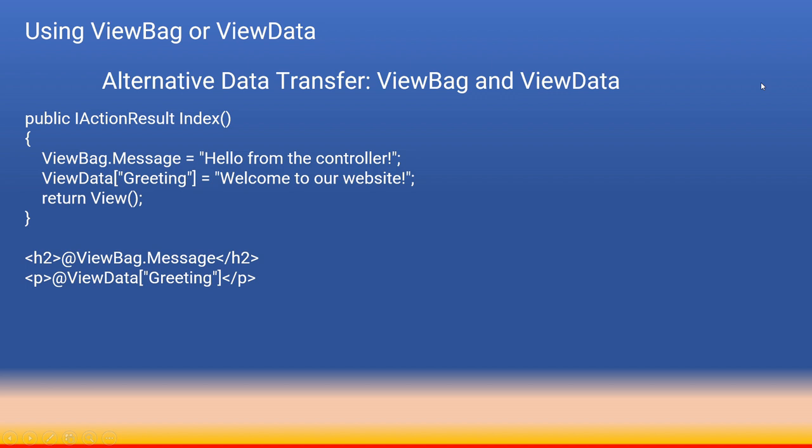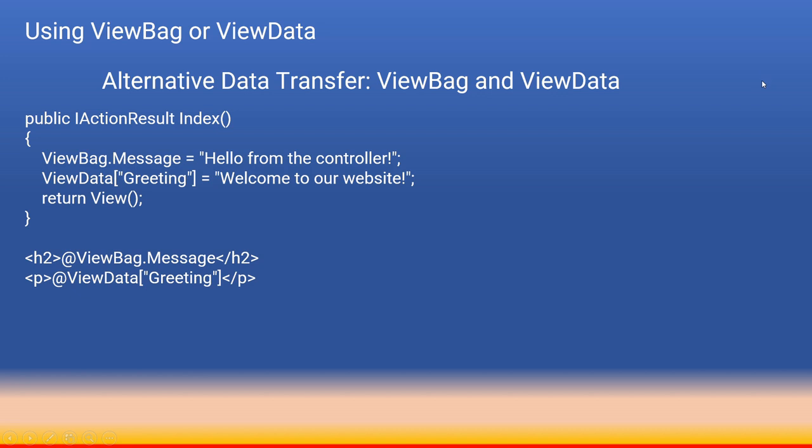When you use ViewBag in ASP.NET MVC, you can add properties to it during runtime without needing to declare them beforehand. This allows for flexibility in passing data to views without strict type definitions.